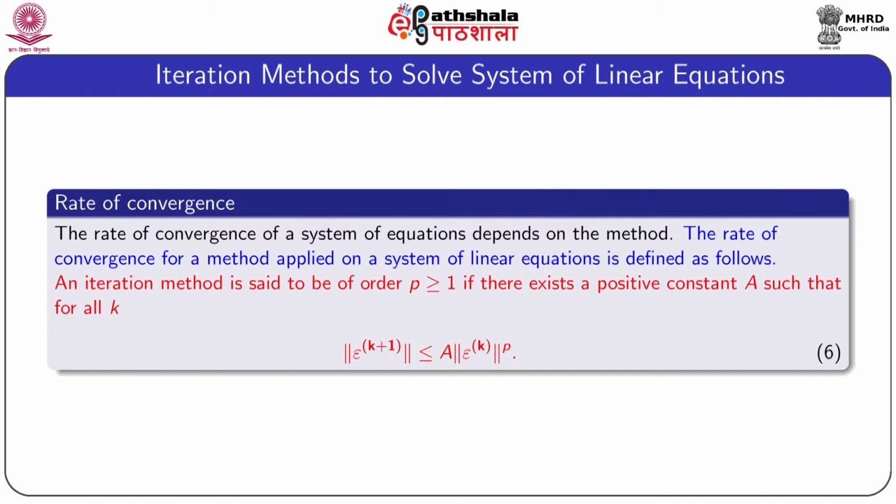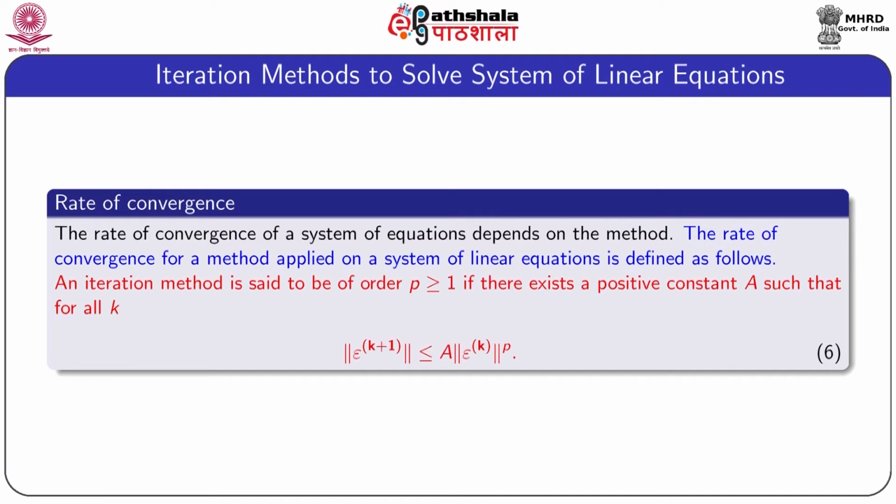An iteration method is said to be of order p, which should be greater than or equal to 1, if there exists a positive constant a such that for all k, the norm of the error vector at the (k plus 1)th iteration, epsilon^(k plus 1), is less than or equal to the constant a times the norm of the error vector at the kth iteration raised to the power p.